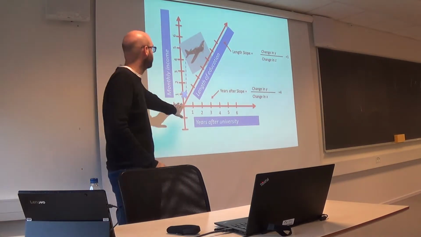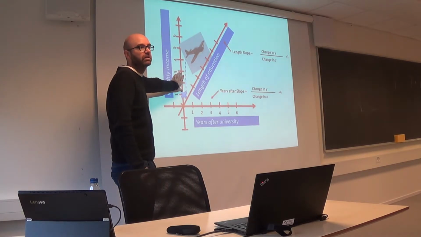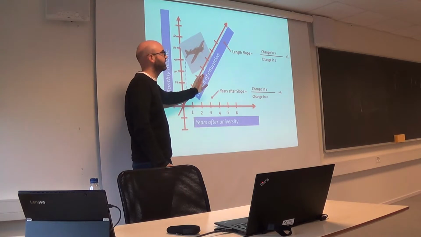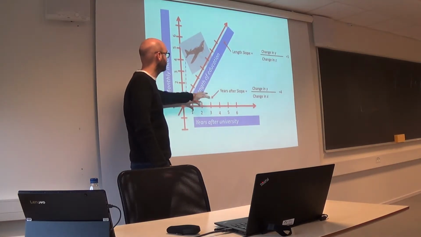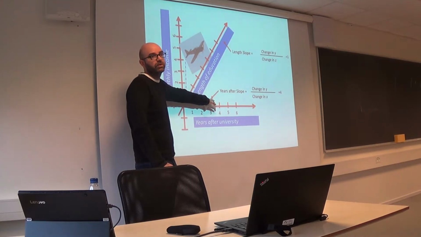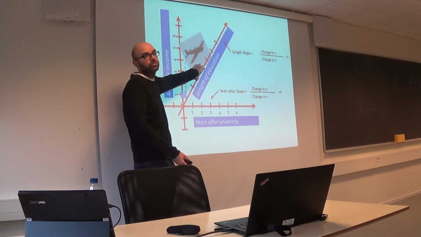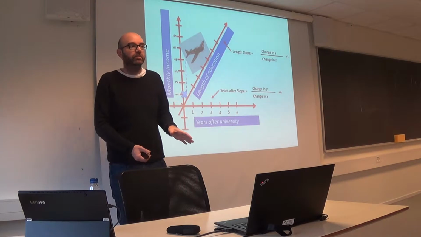So we can make predictions about y with respect to x and with respect now to z. So we can make predictions about monthly income with respect to how many years after university the person is currently as we measure their income and how long their education was. Okay?